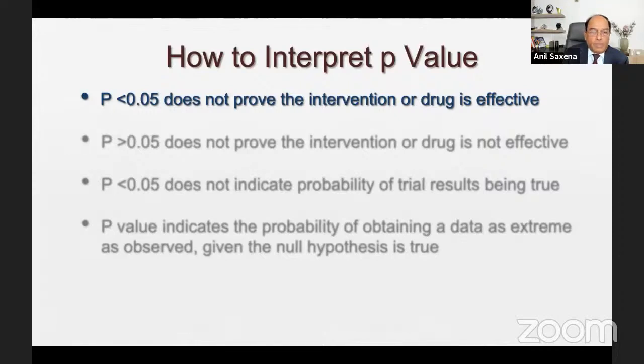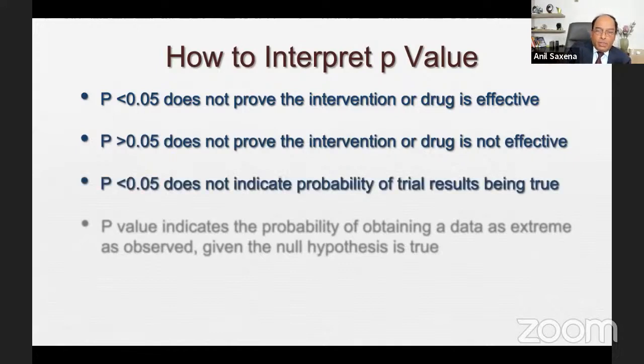It cannot prove 100%. Similarly, if the p-value is more than 0.05, it does not prove that the intervention or drug is not effective. Neither does it tell anything about the trial results being true or false. It basically tells us the probability of obtaining data as extreme or as different as observed, given that the null hypothesis is true.